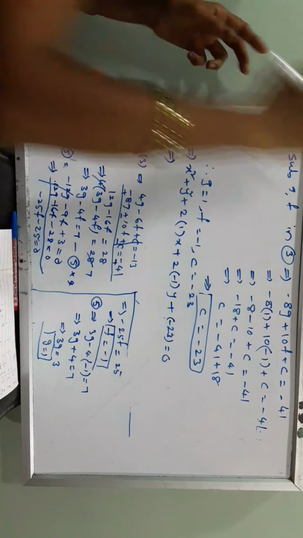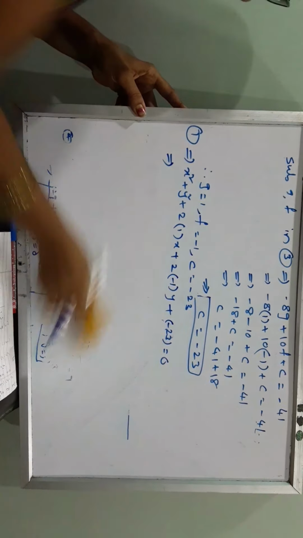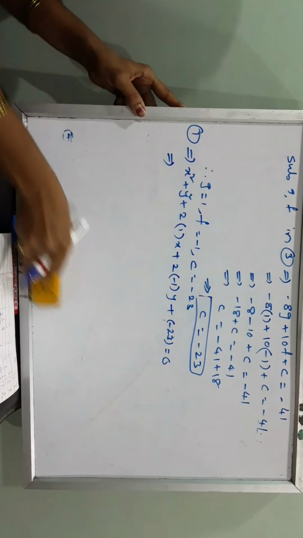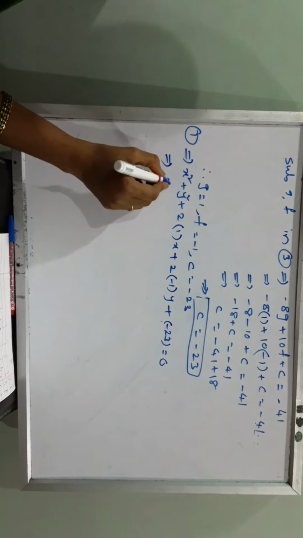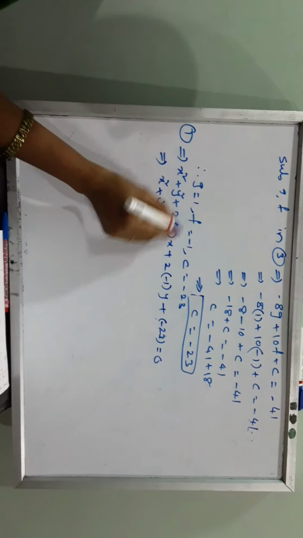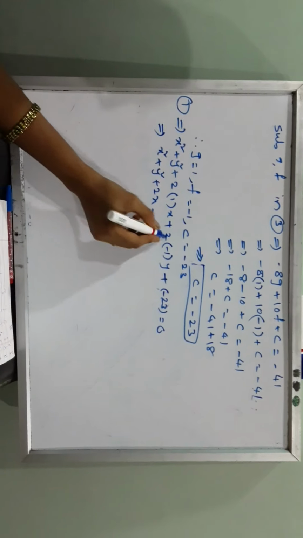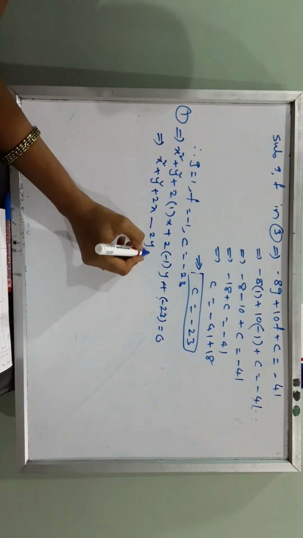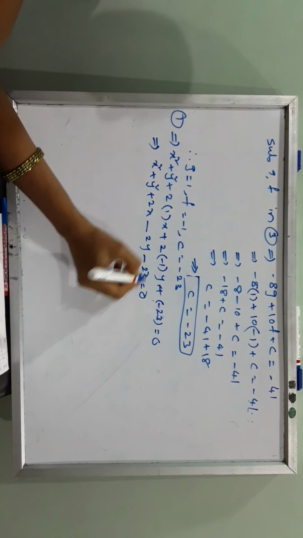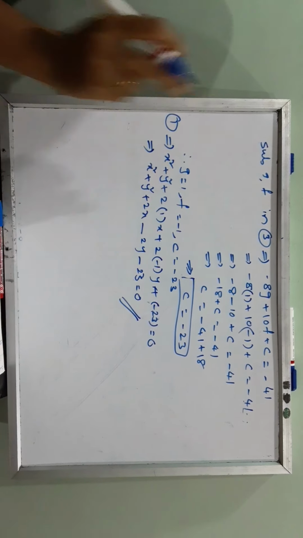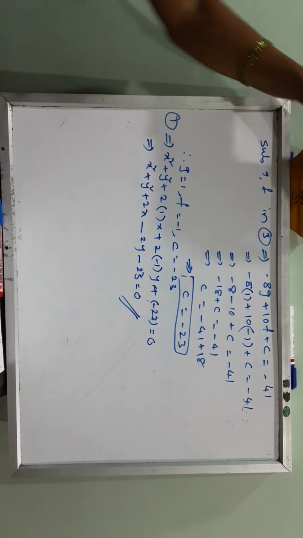This implies x square plus y square plus 2x minus 2y minus 23 is equal to 0. This is the required equation of a circle.